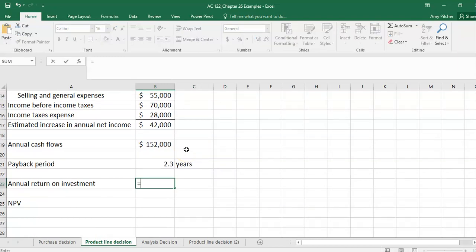So for our annual return on average investment, we take net income and we divide it by the cost and the salvage value added together, divided by 2 to get our average annual investment.